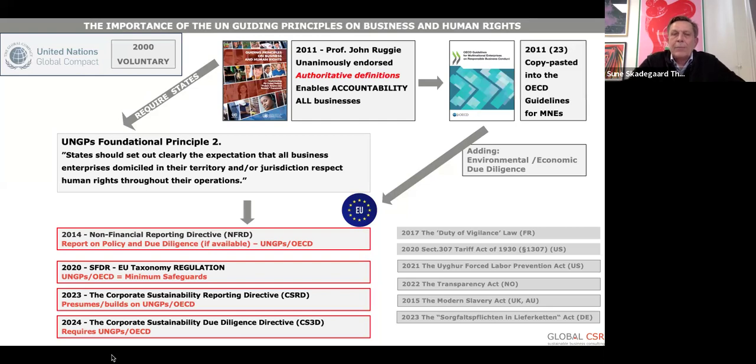In particular, the most interesting part, namely the direct obligation on businesses to do human rights due diligence. So this year, very soon, actually in May, we are expecting the Corporate Sustainability Due Diligence Directive, which requires implementation of the UN Guiding Principles and the OECD guidelines when it comes to environmental and economic due diligence, to be passed by the EU during this spring.